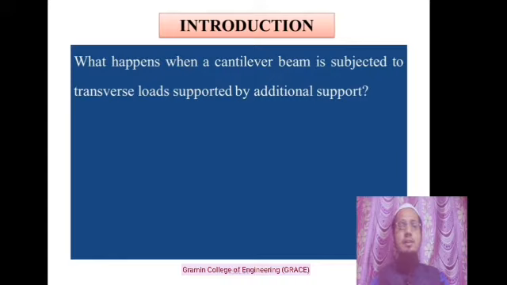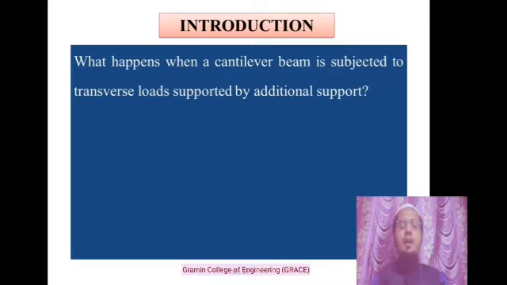In such a cantilever subjected to transverse or downward loading, maybe in the form of UDL or point load, there will be maximum deflection at the free end and bending will be more as compared to a simple beam, which generates bending moment in the beam, or fixed end moments at the support.